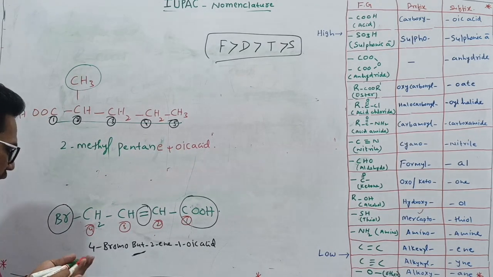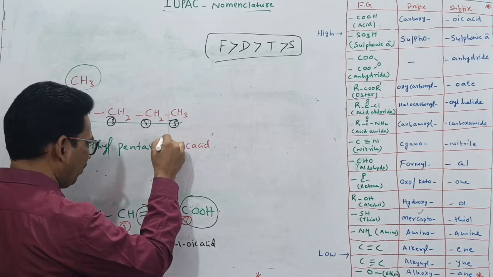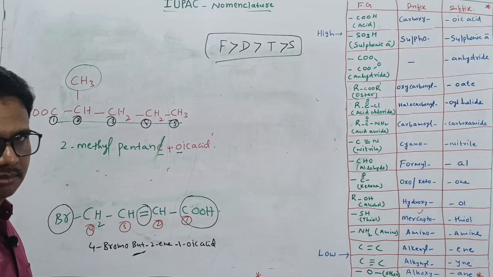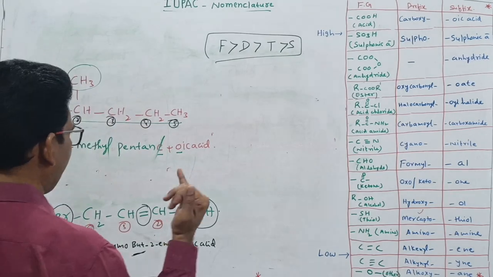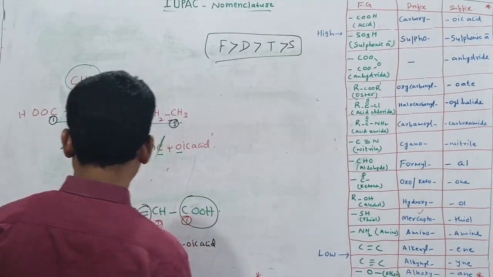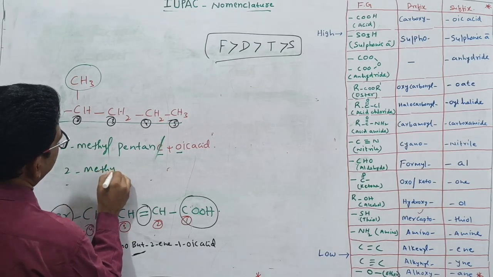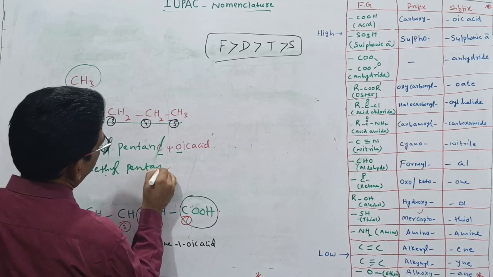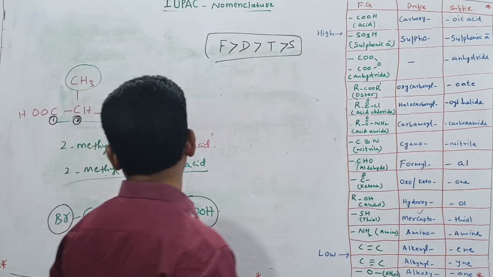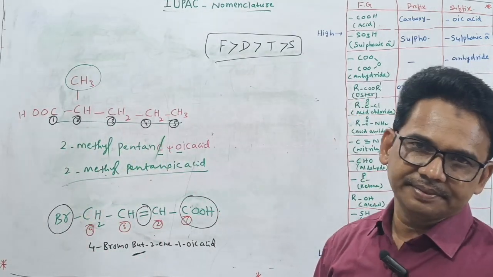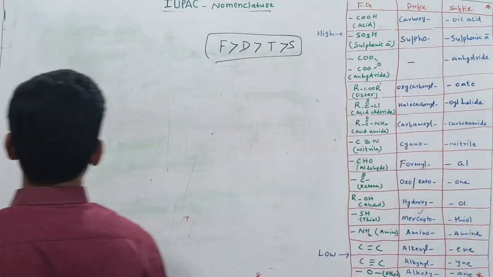At that time what you have to do means, when two vowels come together, the first vowel we have to cancel. Understand? First vowel we have to cancel, because A E I O U these are the vowels. इसलिए नाम क्या आता है? 2-methylpentanoic acid. समझ में आ गया कैसा लिखना है नाम? ओके, कंफ्यूज मत हो. नेक्स्ट अल्कोहल्स, विल गो फॉर द अल्कोहल्स.